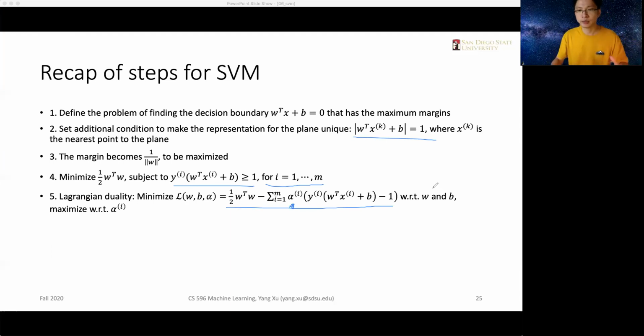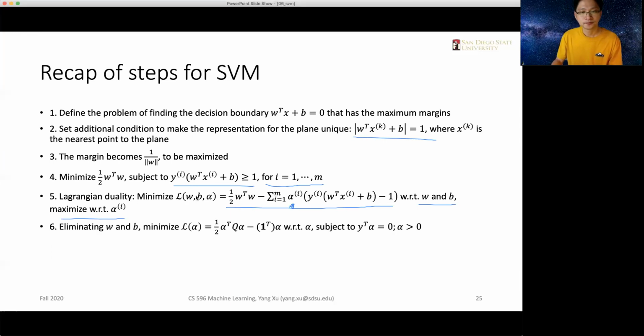It's a duality problem: we need to minimize it with respect to w and b and maximize it with respect to alpha. This problem can have a compact expression using matrices. We express everything with matrices, and after eliminating w and b in this term, we get the Lagrangian of purely alpha.